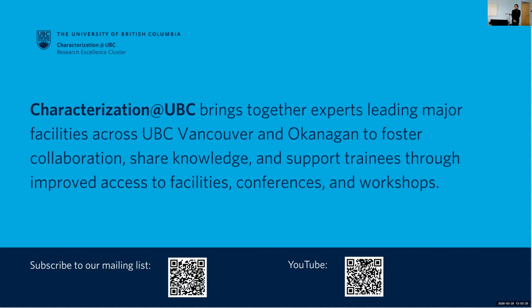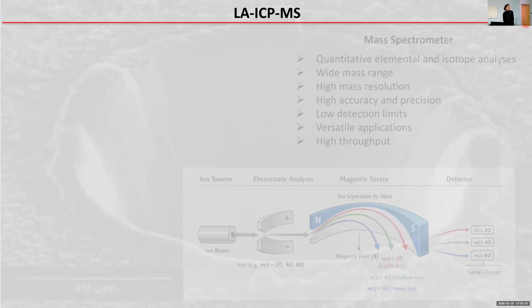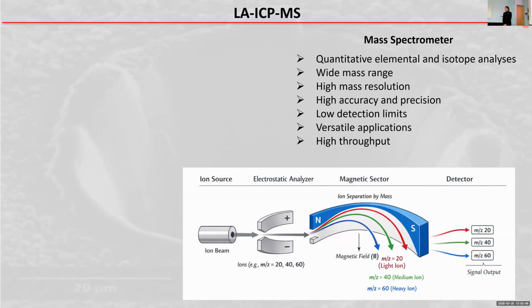Thank you very much, and thanks for having me here and letting me present the great, fascinating field of laser ablation ICP-MS. I hope I can convey a little bit of my enthusiasm and great respect for this technique today. The whole concept of laser ablation ICP-MS is based on mass spectrometry, which is a very powerful tool in analytical chemistry for elemental and also isotopic analysis.